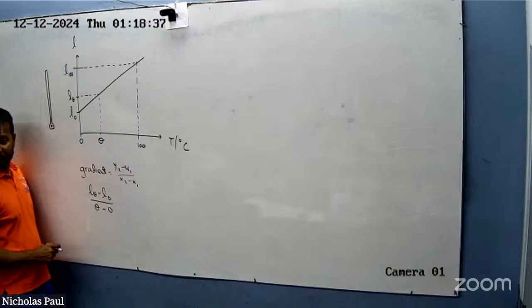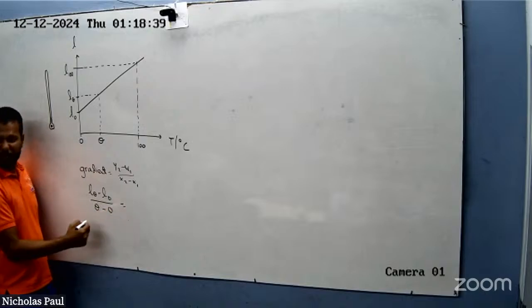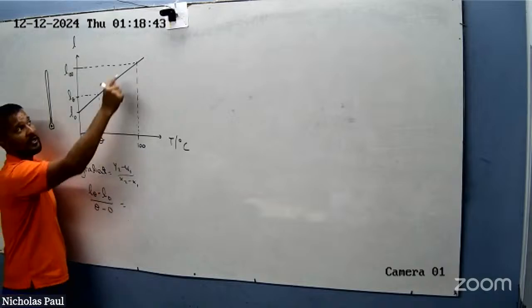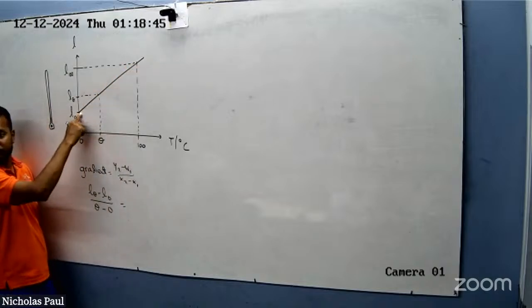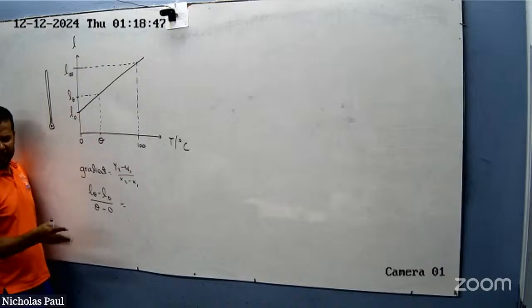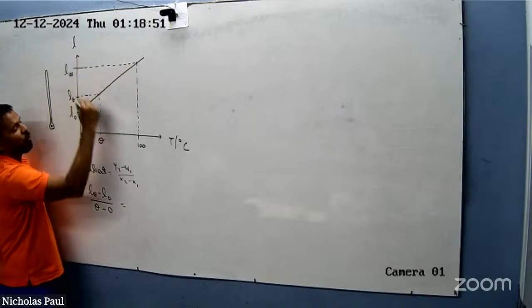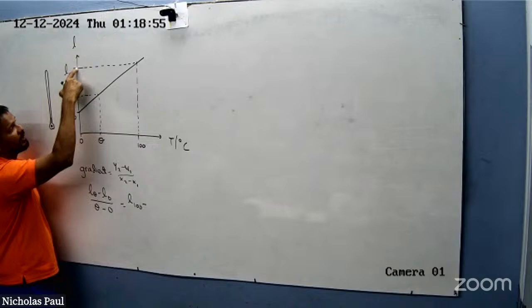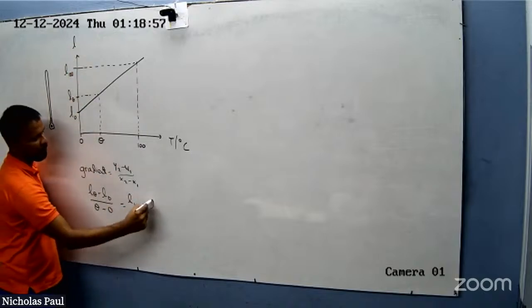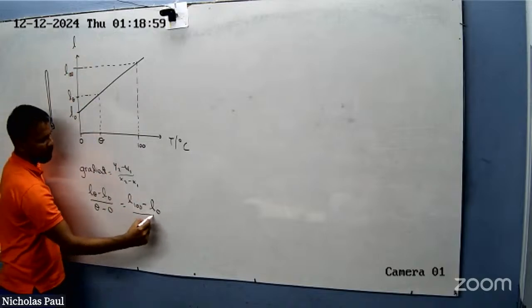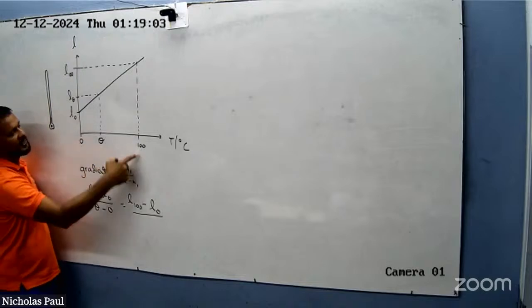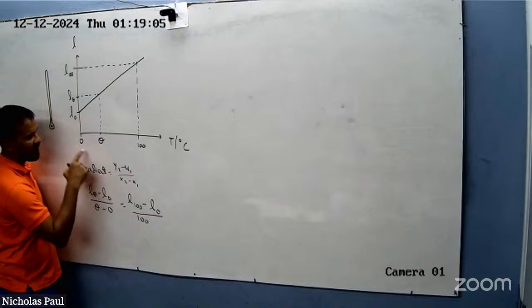Now I'm going to find the gradient again using different points. I'm going to use this point and this point, and this should be the same gradient. So I'm going to choose this as y2 and this as y1, and of course this is x2 and this is x1.